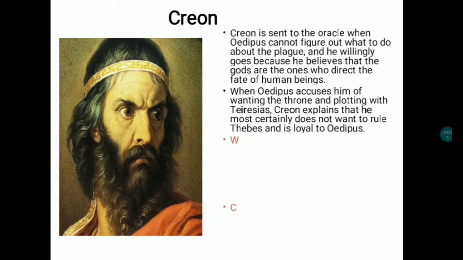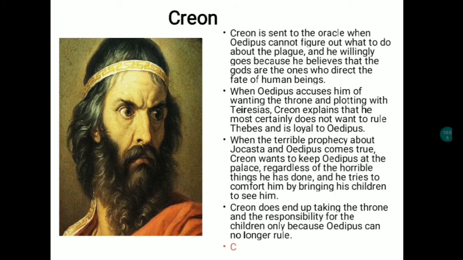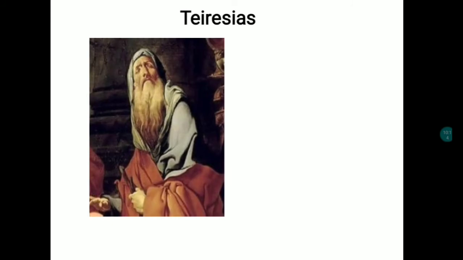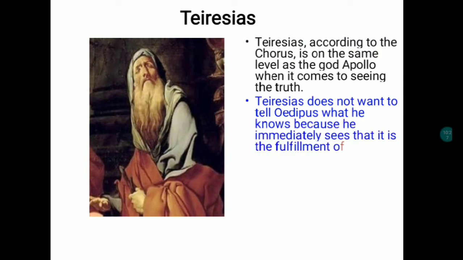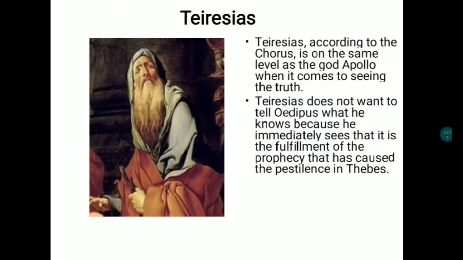Now let's talk about the next character, and our next character is Tiresias. Tiresias is a blind philosopher, you can say, a blind prophet, and he also held a place similar to that of Apollo in the eyes of the Thebans, that is the people of Thebes.